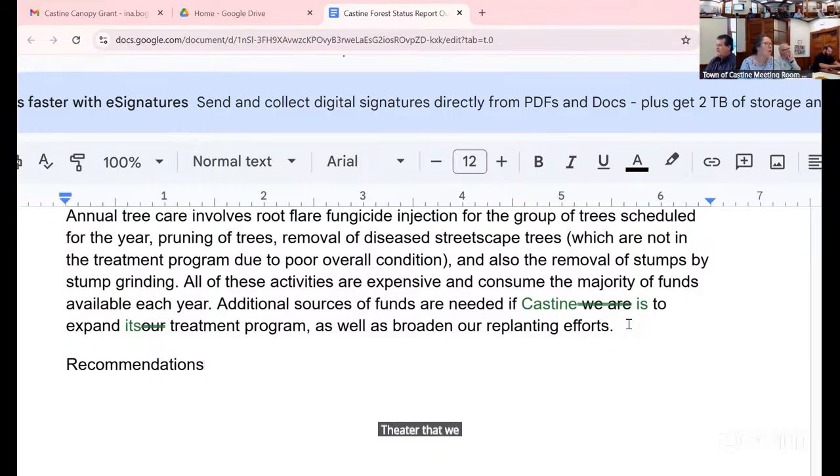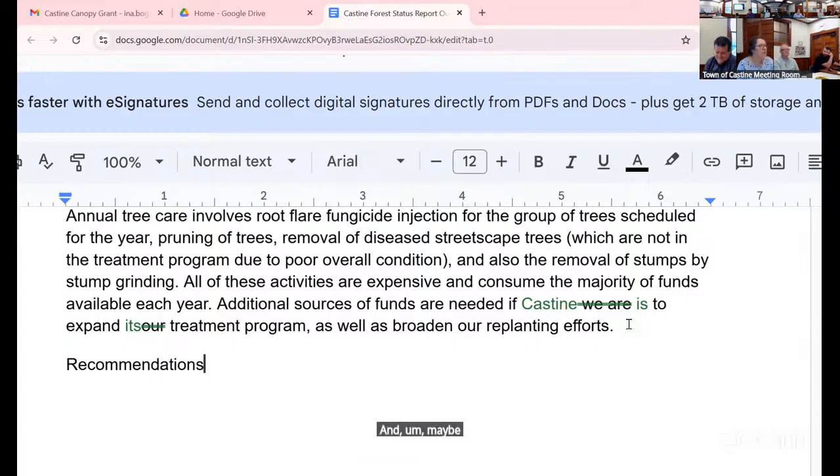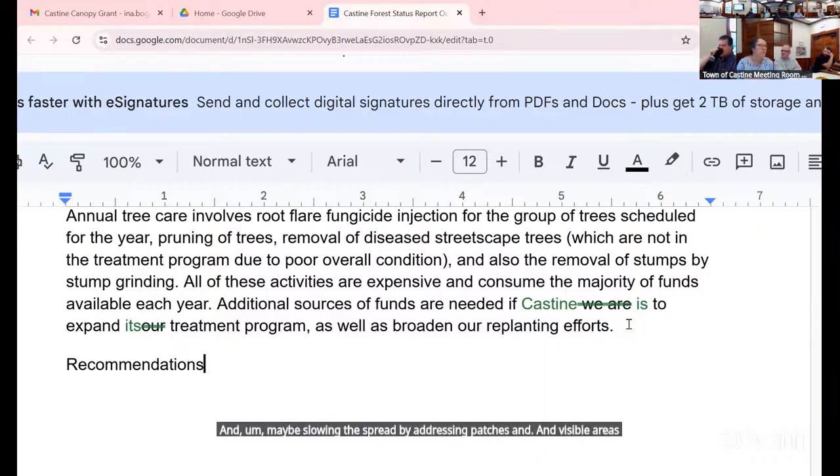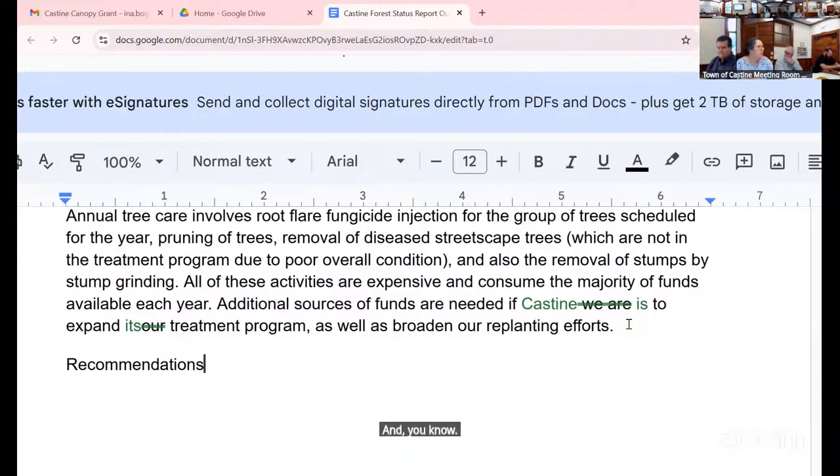But if we can get people to start paying more attention to what's on their properties, slowing the spread by addressing patches and visible areas, and people see their neighbors working on certain things, and we have a town initiative that works on the sides of the roads, we start to provide an example and give the things that we want to encourage a little bit more space, and the land itself a little bit more time to adapt.